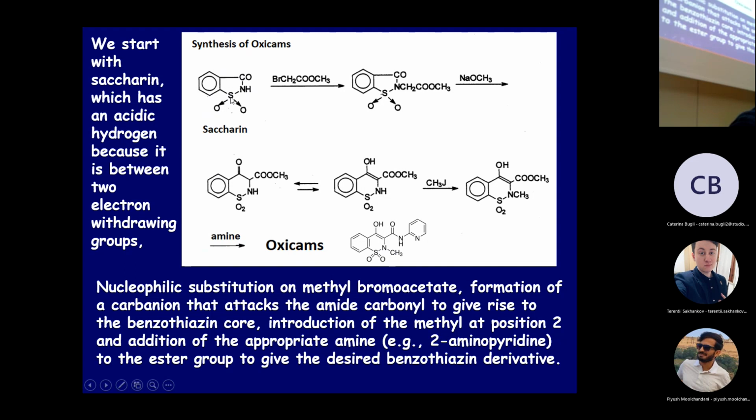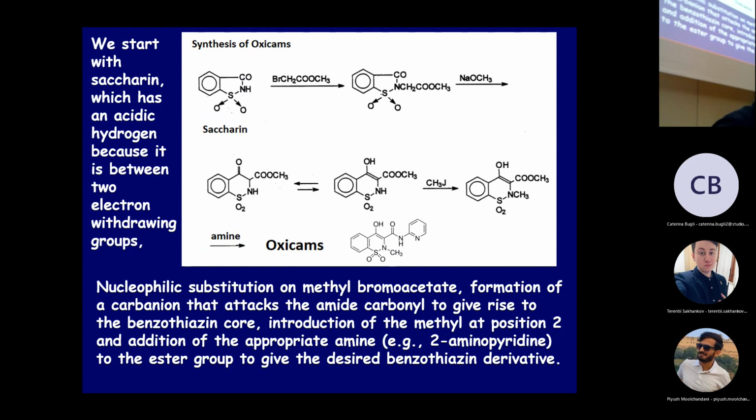So there is a sulfur atom with 2 oxygen atoms. So we have a strong withdrawing effect. There is another carbonyl group. And so the minus charge after the loss of the acidic proton can be delocalized on the carbonyl and the sulfur, and on the two oxygens of sulfur.